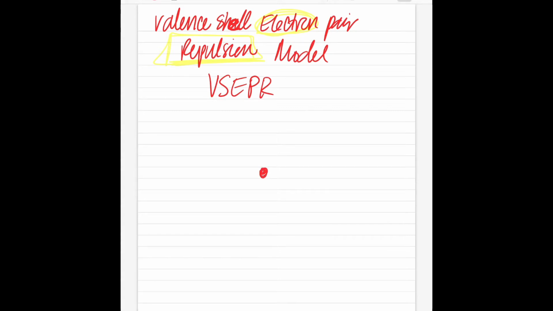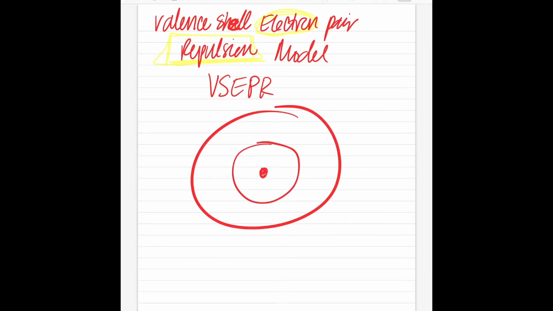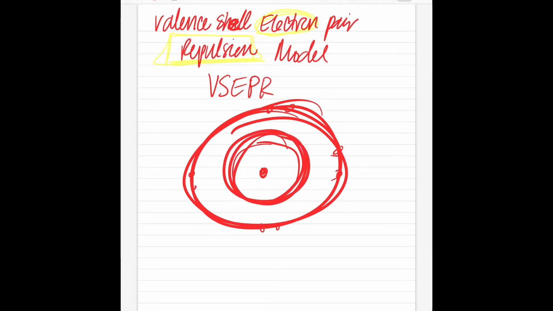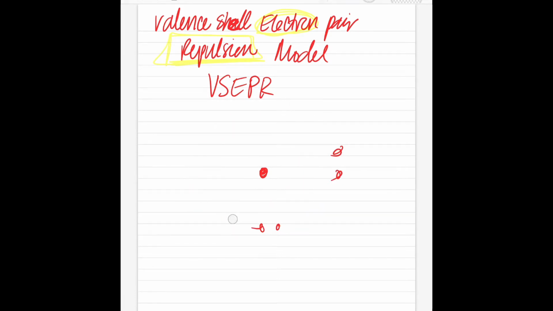So here's your nucleus, here's shell number 1, shell number 2, on and on, with electrons out here like this. These things are shells. So the valence shell is the last one on the very outside, where we find the valence electrons. So it's the valence shell electron pair, because remember, electrons like to be in pairs, repulsion model.